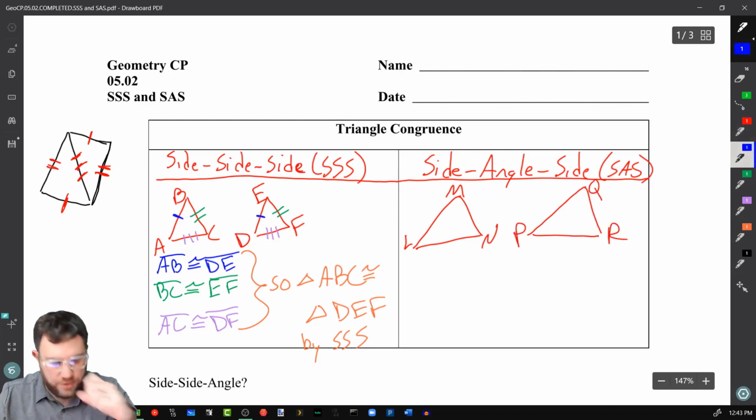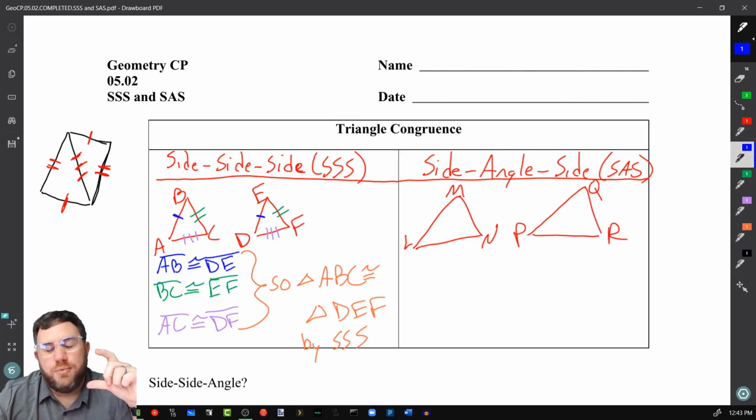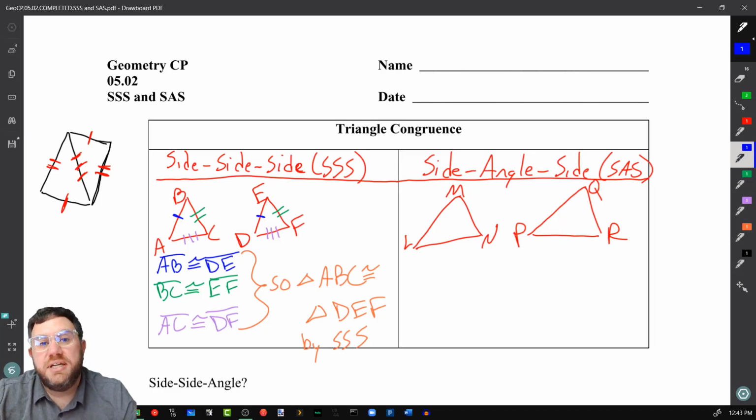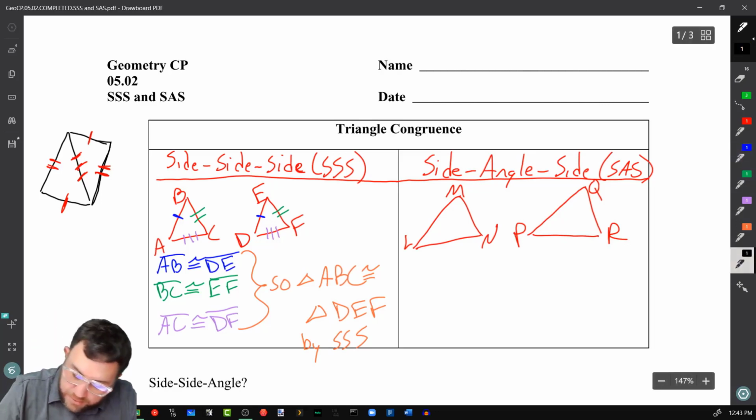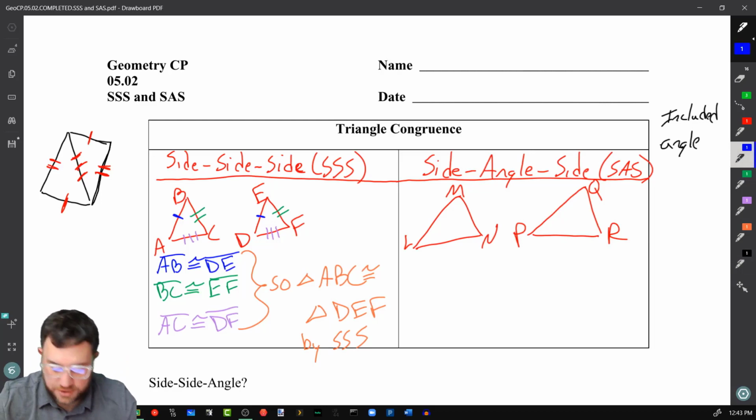And if we know that we have 2 pairs of sides and what we call the included angle, I'm going to write that over here and we'll come back to it in a minute. Included angle, then that makes our triangles congruent.